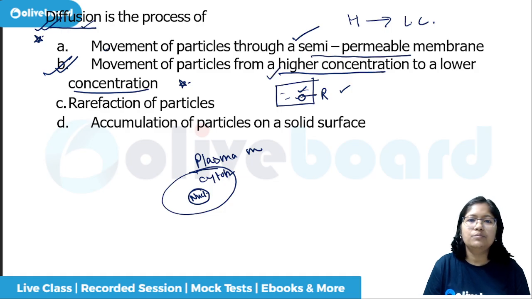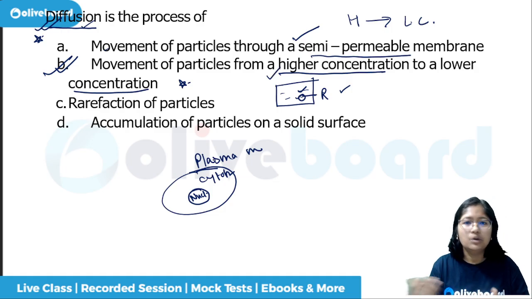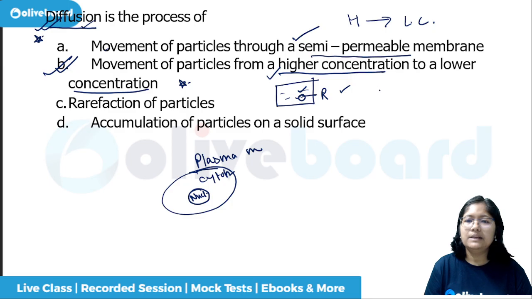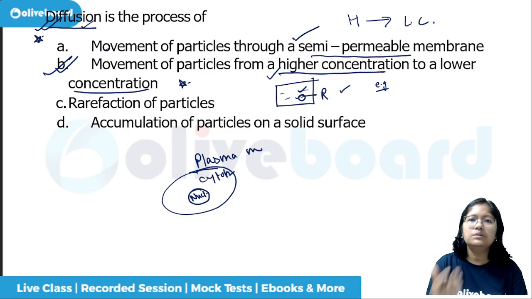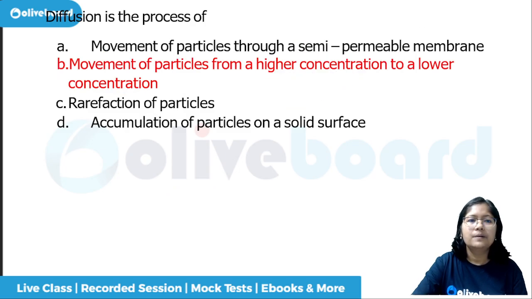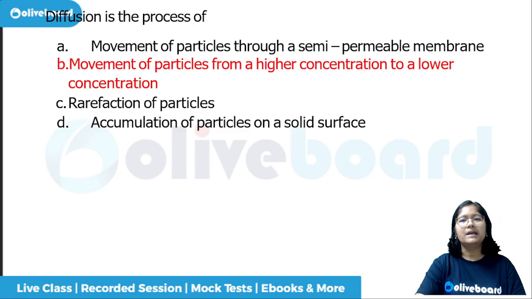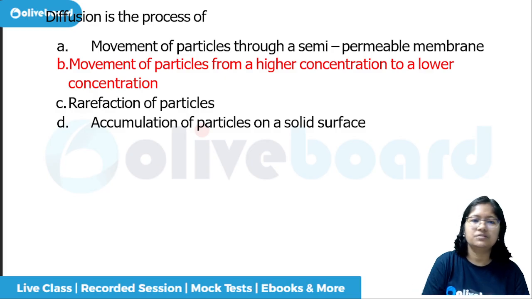Water has simply moved from higher concentration to lower concentration. Similarly, another example, if you have a lighted agarbatti, the gas will diffuse in the entire room or wherever the space is available, and you will be able to smell it, right? So movement of particles from higher concentration to lower concentration.